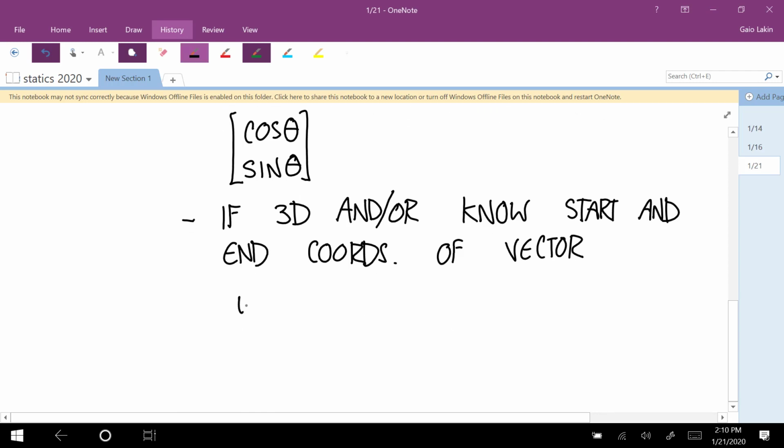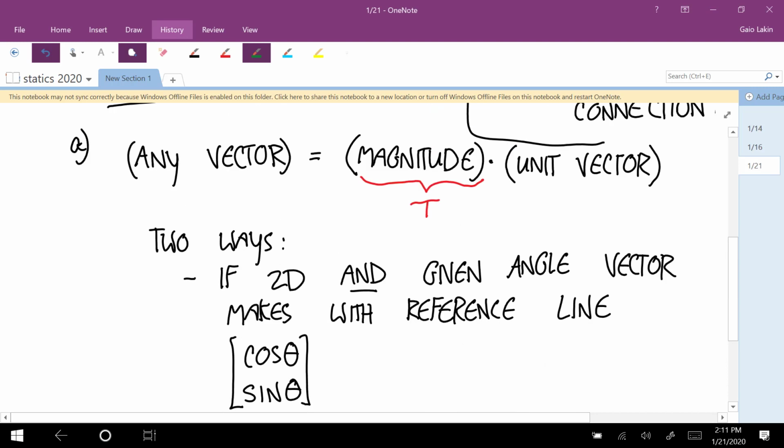Then you'll do it as u is equal to b minus a, and then the unit vector is equal to 1 over the magnitude of u times the vector u. So those are the two ways to calculate that unit vector.